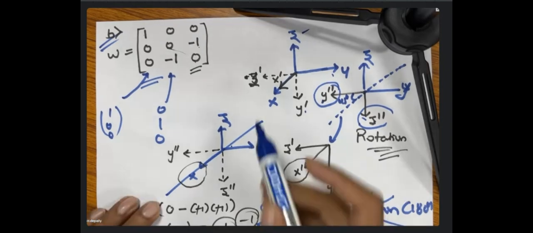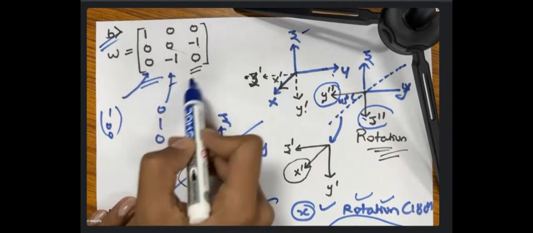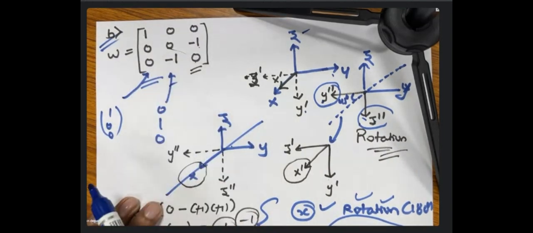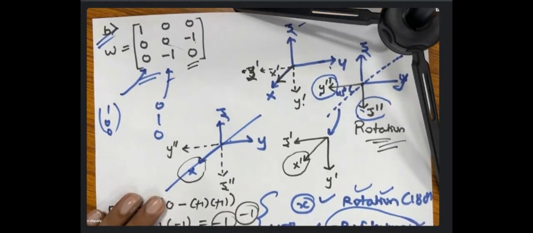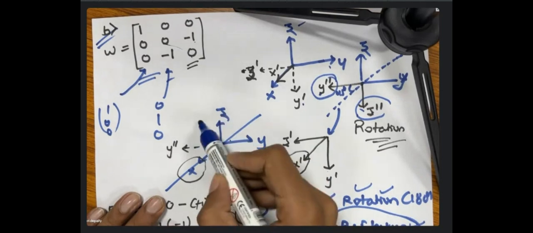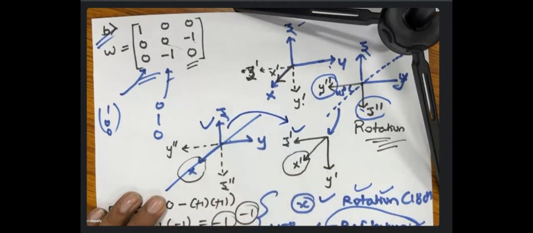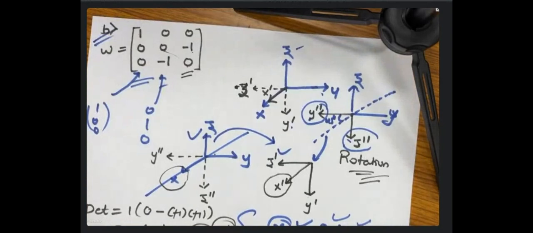Always draw the x, y and z axes first, and depending upon this symmetry transformation matrix, draw your final state, and then figure out what transformation can lead you from state 1 to state 2. And that's how we have solved this question number 3. So both parts of it are solved.